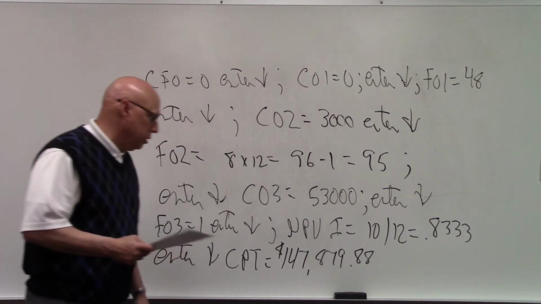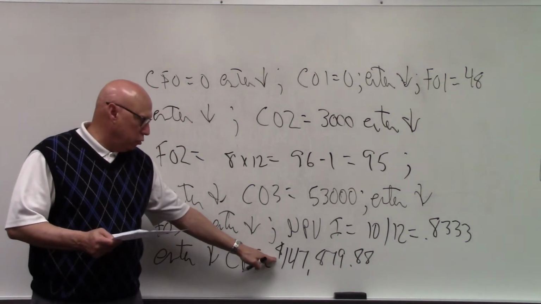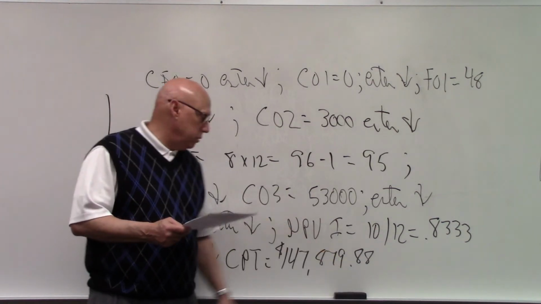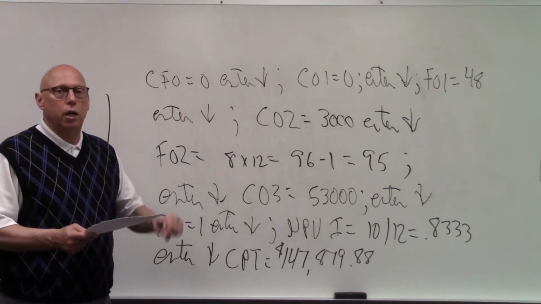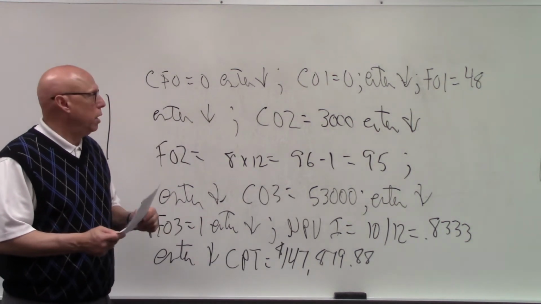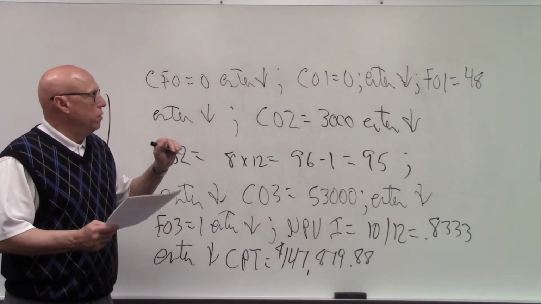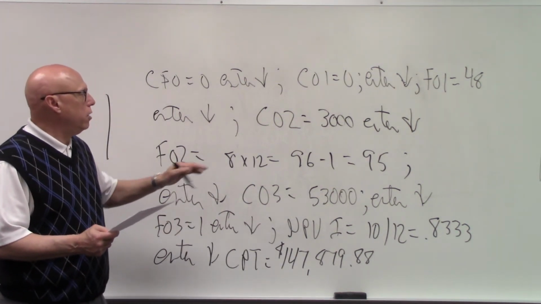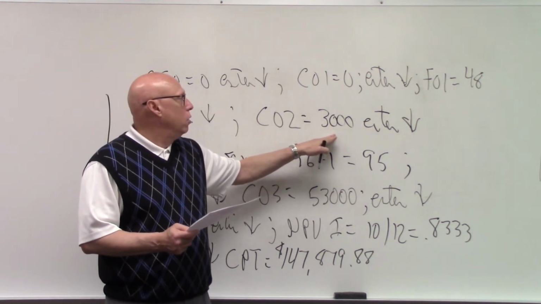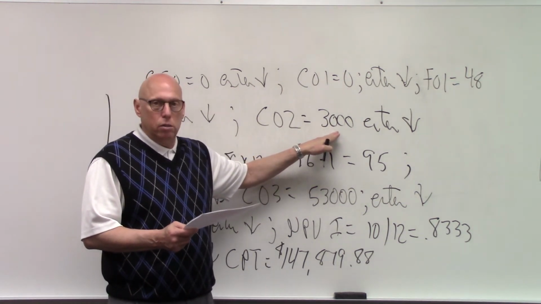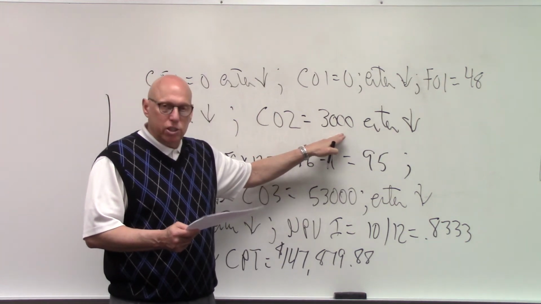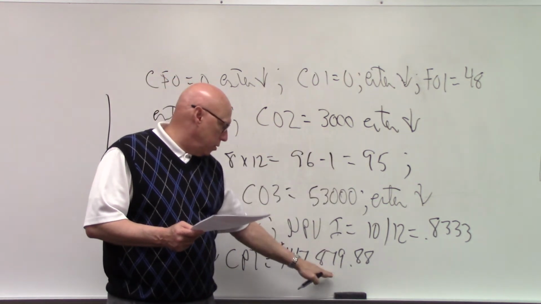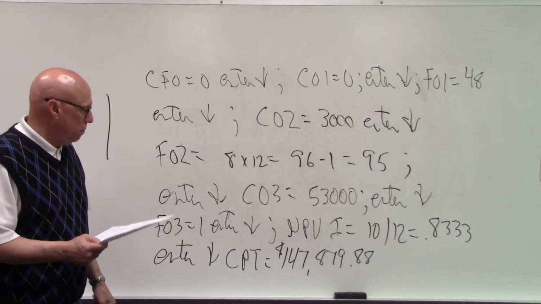So what this tells you is, if your parents put $147,879.88 into an account today, and it earns 10% annually, at the end of 4 years, you will have enough in the account to start taking $3,000 payments out. How many? 96 payments of $3,000. Plus, in that last month, you'll also take a payment of $50,000 out, and the account at that point will be empty. Okay?